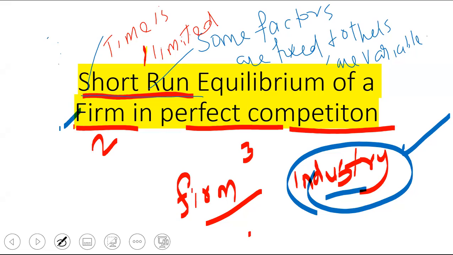Now, another question is, what is the difference between firm and industry? That is the most important, because here you are going to study about firm, no issues, but you should know what is industry. Firm means one company.